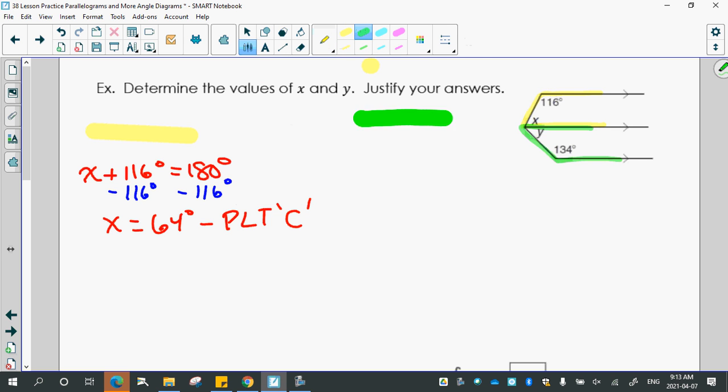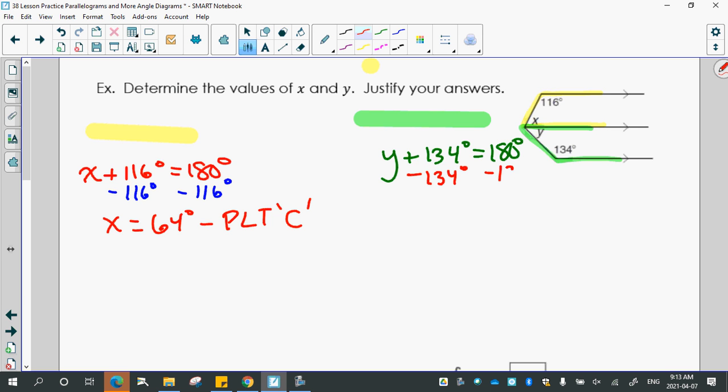And then for the green one, we use C pattern again. y plus 134 degrees this time is 180. And this was also by PLT, C pattern.